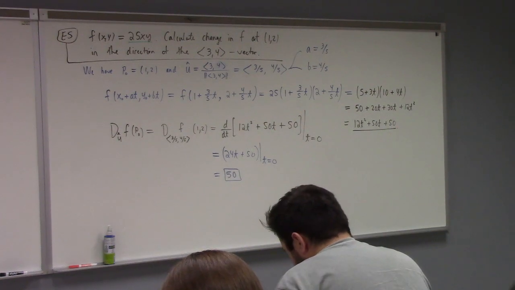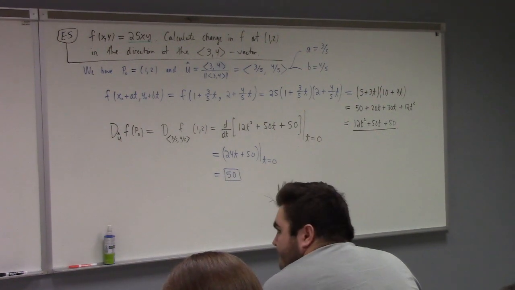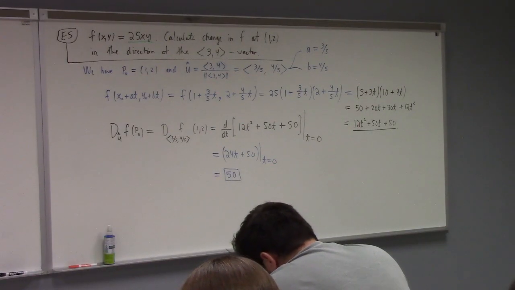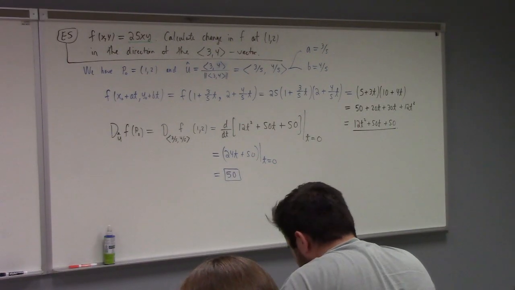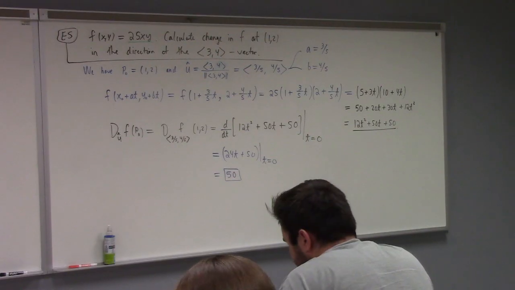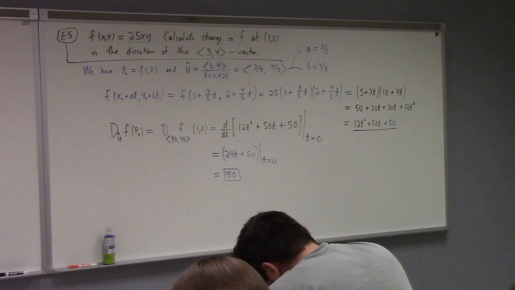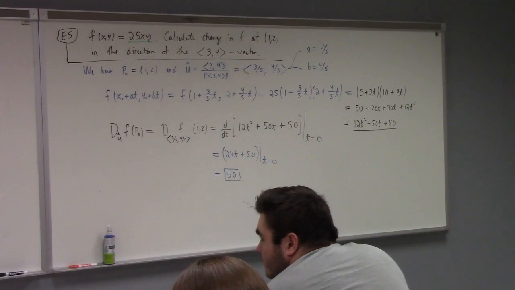So I want to calculate D_x-hat of f at (1, 2), and I want to calculate D_y-hat of f at (1, 2). All right, for f(x, y) still equal to 25xy.